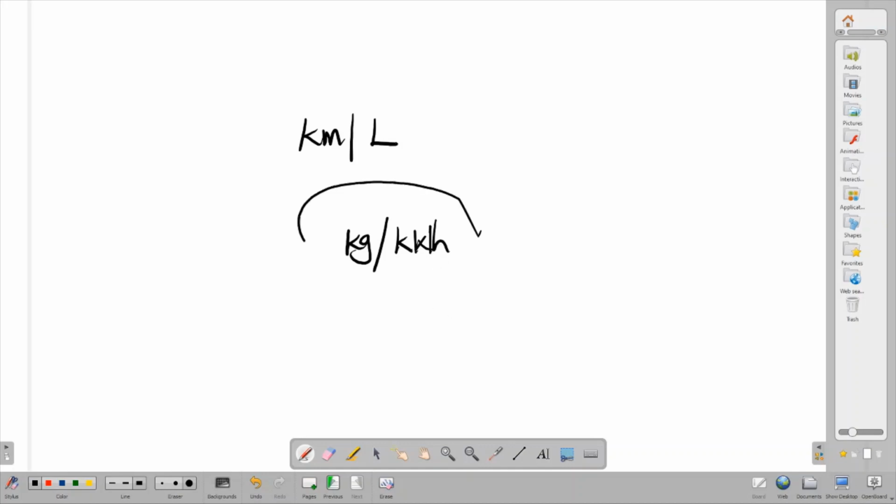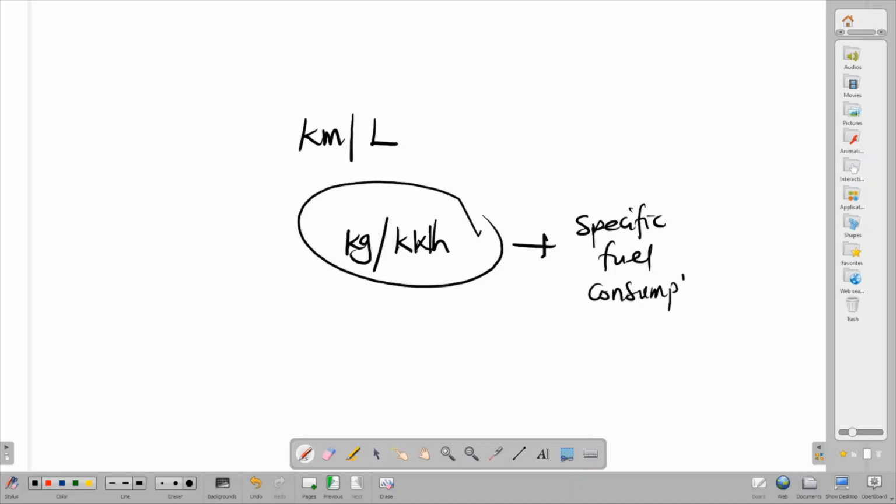And this is what is normally referred to as the specific fuel consumption. And it depends on the calorific value of the fuel.